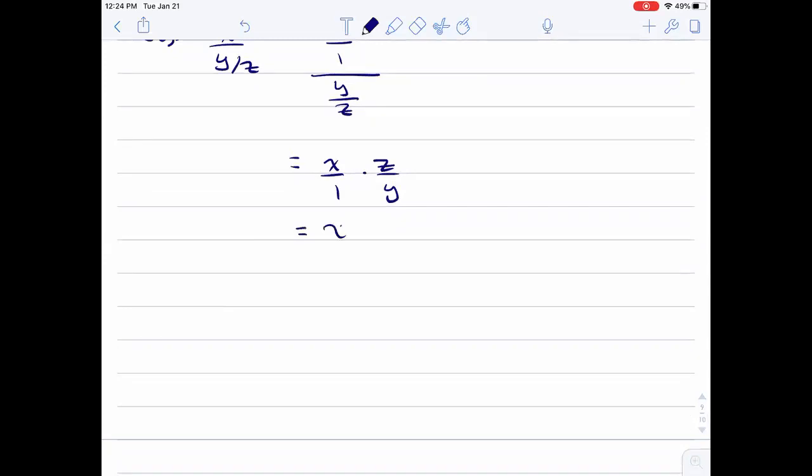So we've got x times z over 1 times y, which I'll just write y. And that's it. There's no numbers to deal with, so there's nowhere else for us to go. If we wanted to write them all in the numerator, we could rewrite it as x times z times y to the negative 1, but it doesn't really change anything.